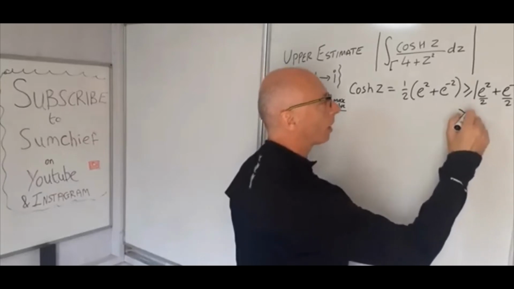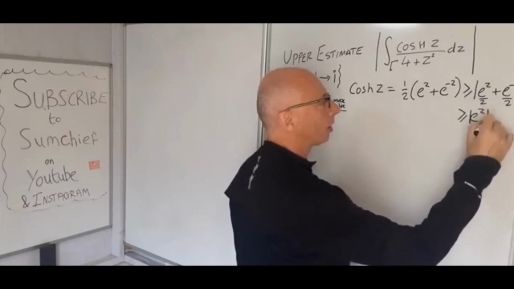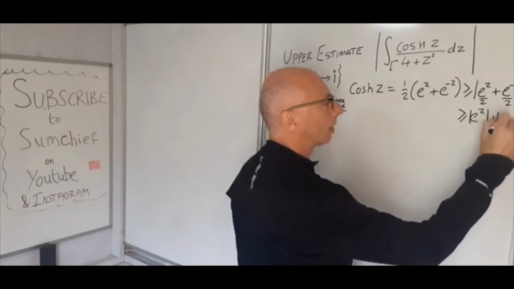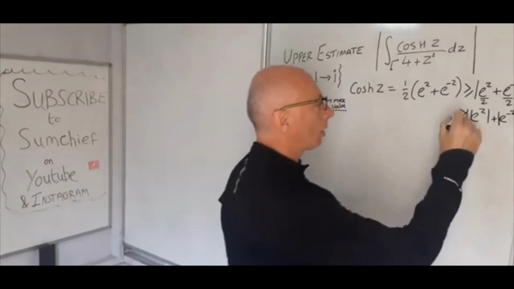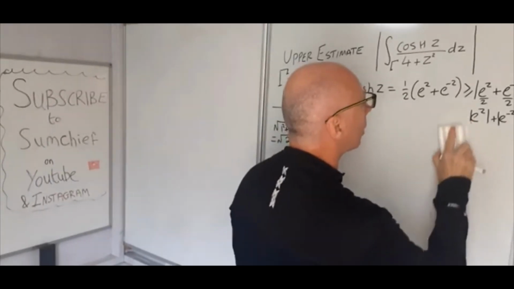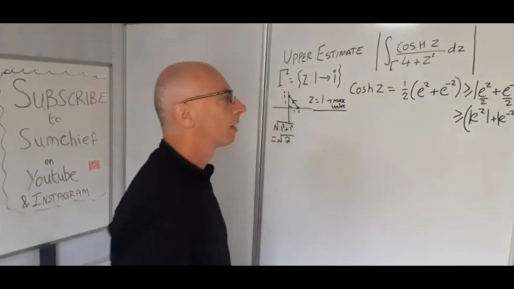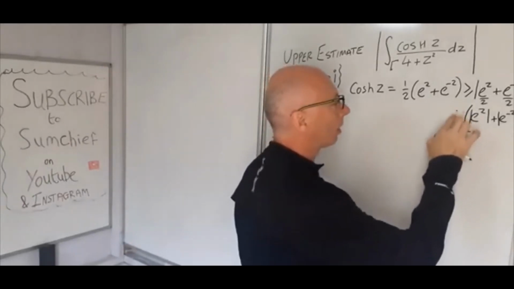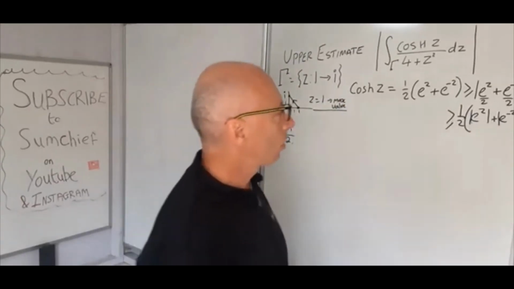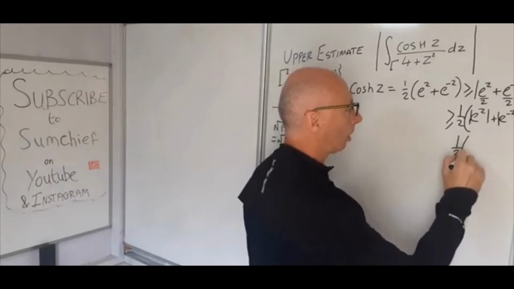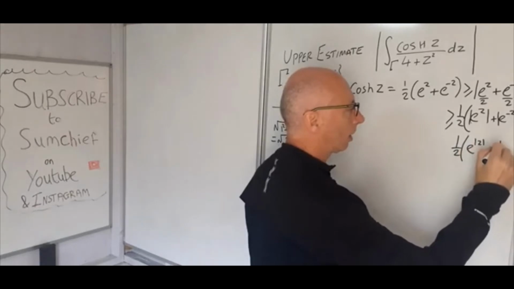It is also going to be less than or equal to 1/2, putting the half in front, of the modulus of (e to the z plus e to the minus z). Technically we should put brackets on that.